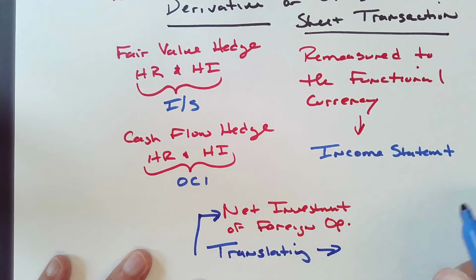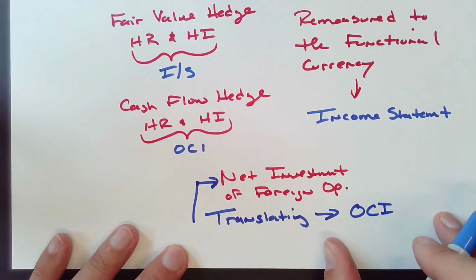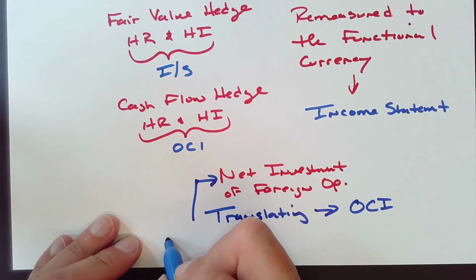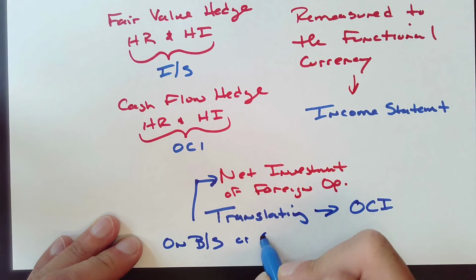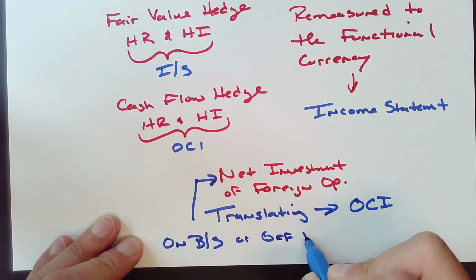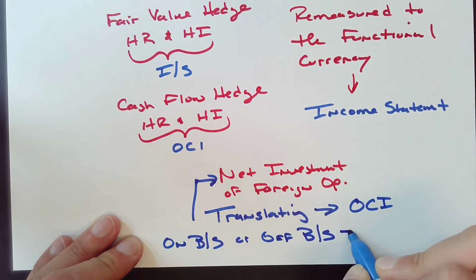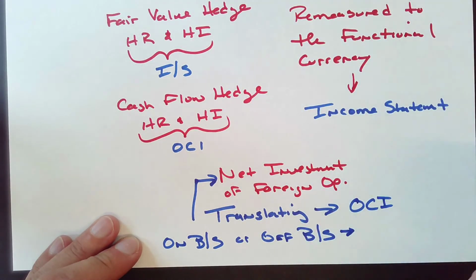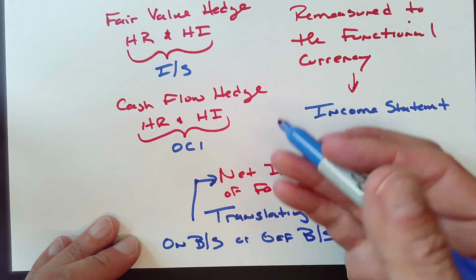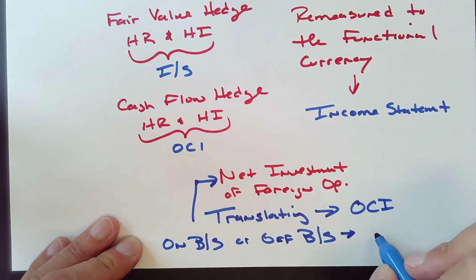That translation goes to OCI. Whether I use on balance sheet or off balance sheet for the hedging transaction, the hedging instrument, whether it's an on balance sheet hedging instrument or a derivative, that's also going to go to OCI.